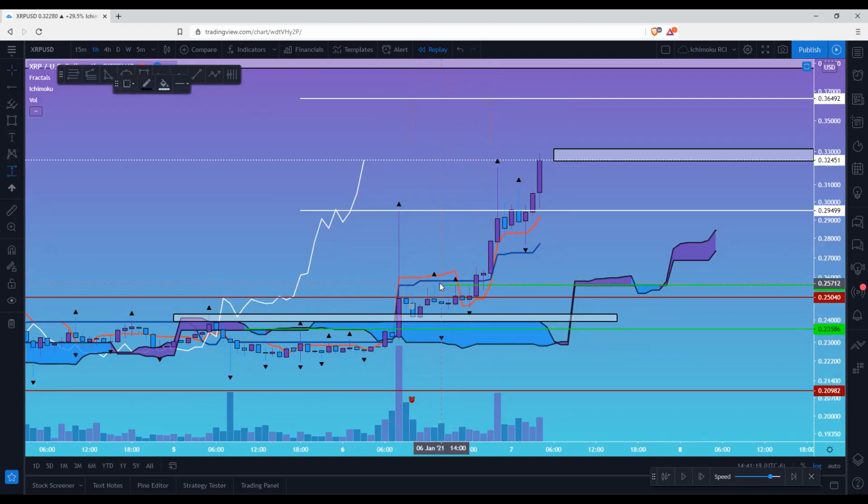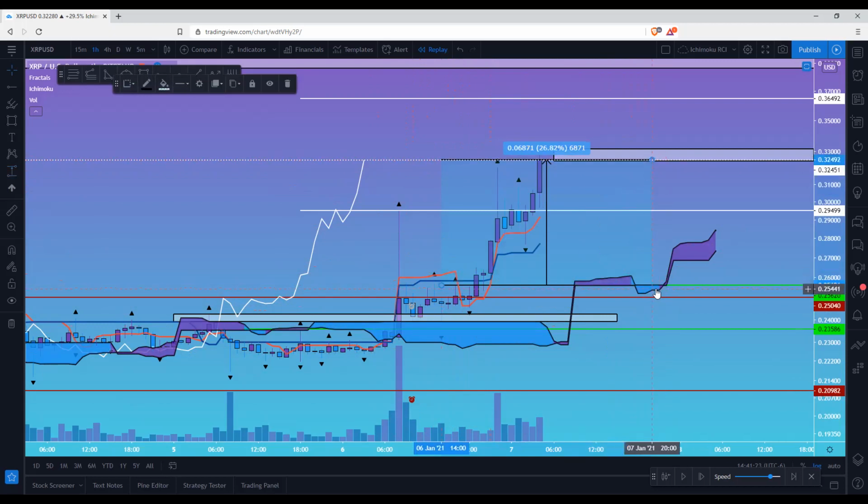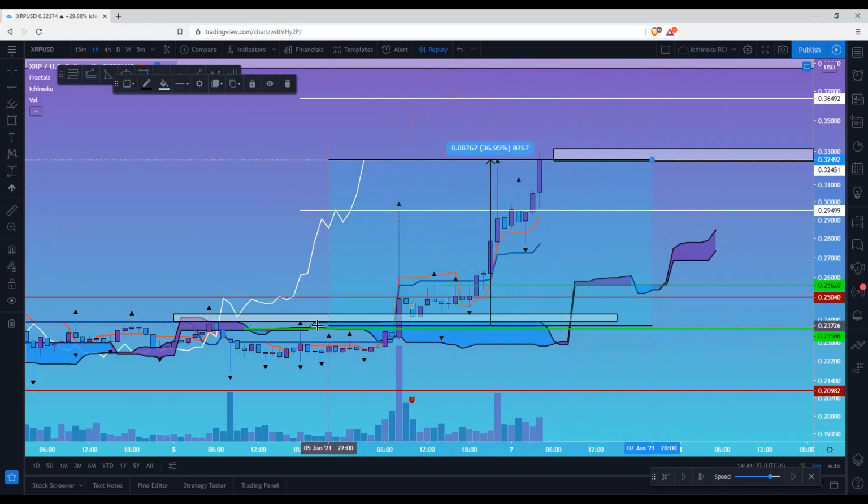And even if you had entered in here, that's 687 pips. Actually that's more, that's 6,000. So that's actually a really good trade. And then you made 26.82% from that point. Had you got in on the original entry at this point, right in here, you would have made 37%.